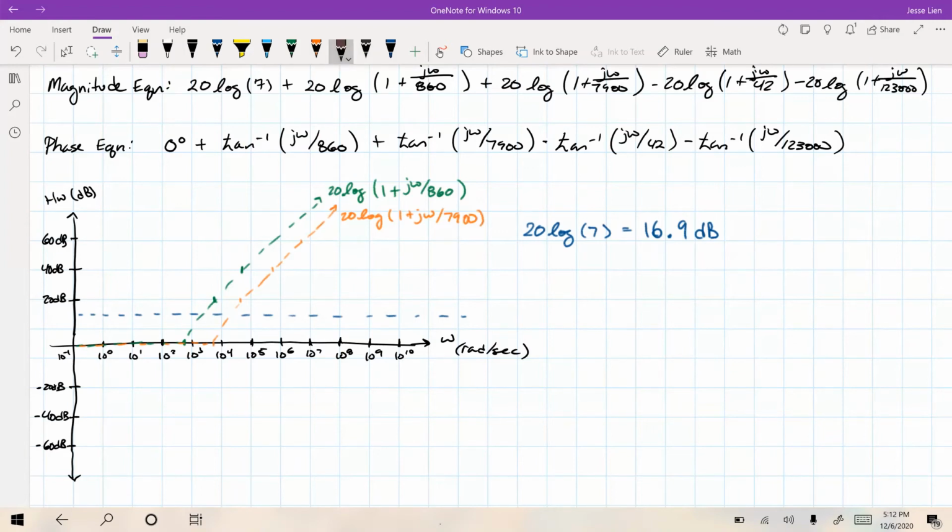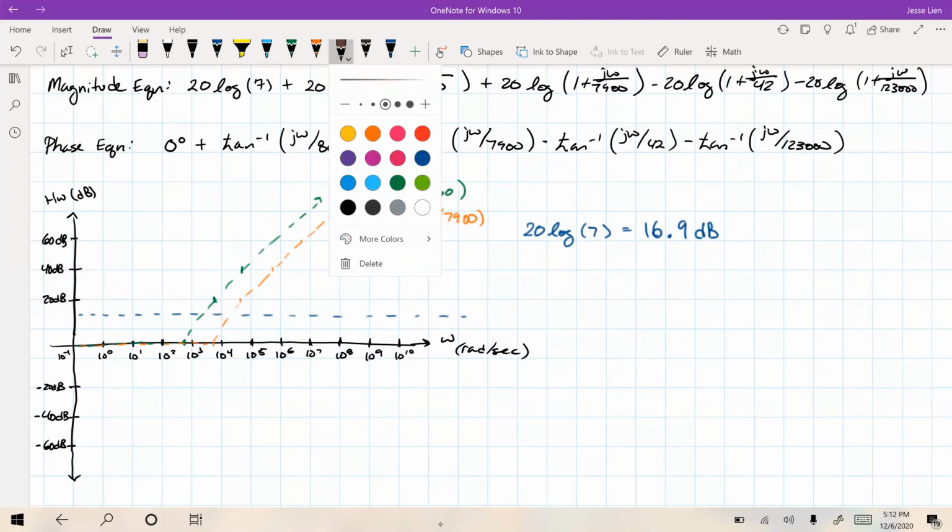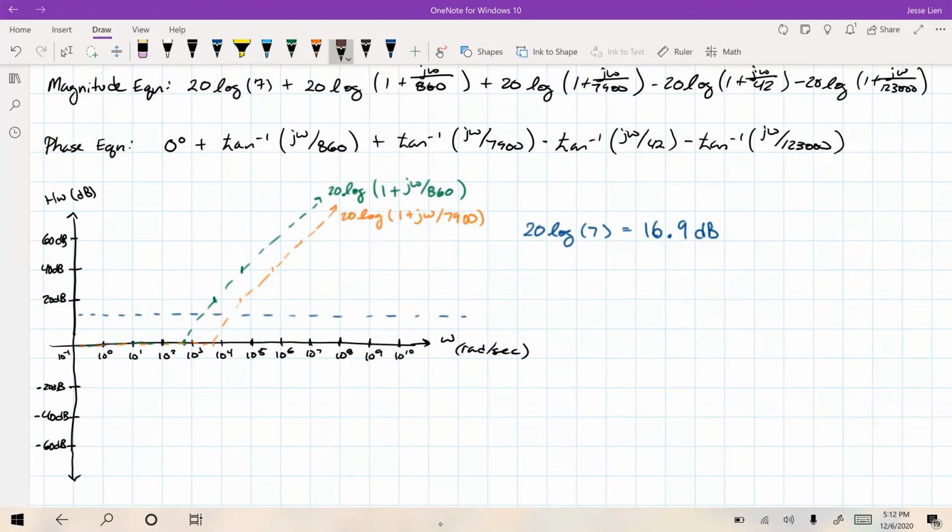We'll then start plotting the poles of our initial transfer function as the term 20 log base 10 of 1 plus j omega over 42. It will be a constant 0 across the x-axis until you reach the point of 42 radians per second, at which it will decrease at 20 decibels per decade.